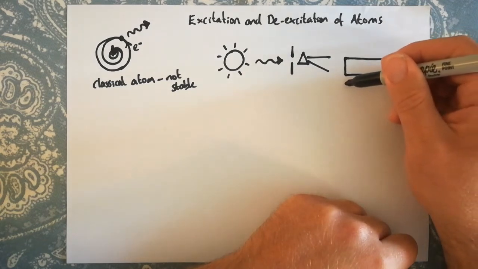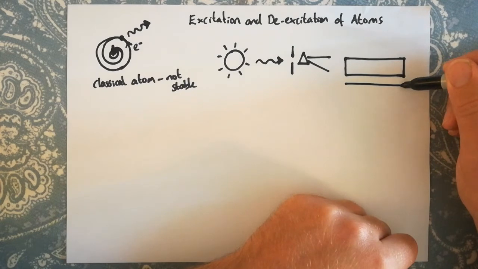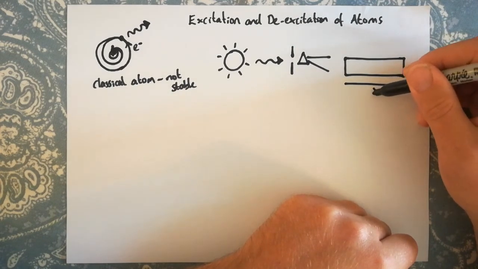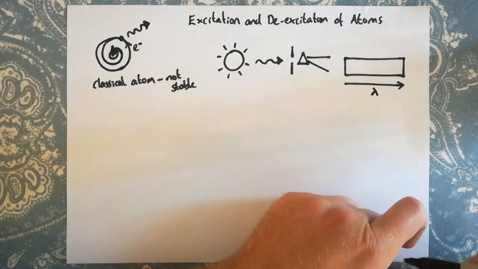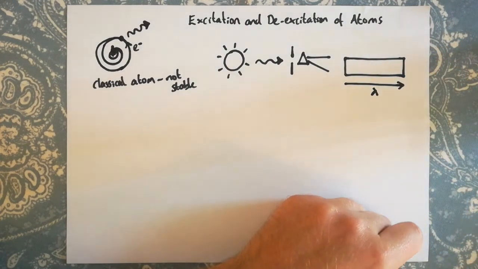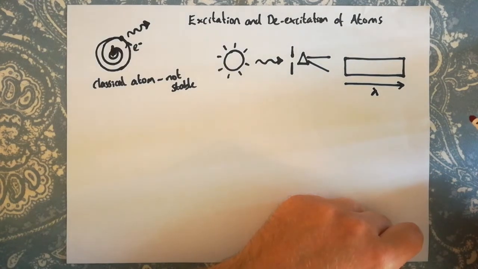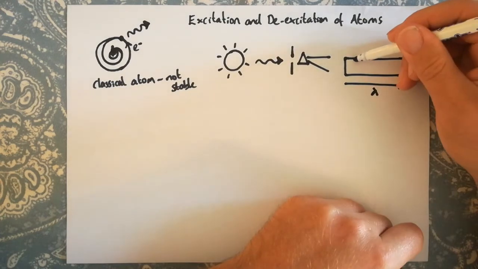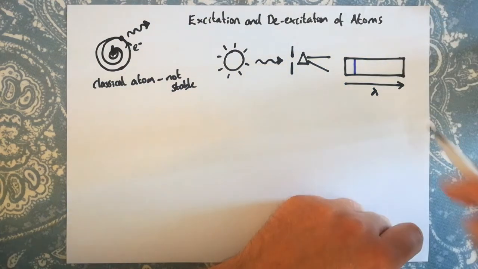If we think of this as increasing wavelength along here, we would see different colours being emitted from the gas, but only at very distinct wavelengths.